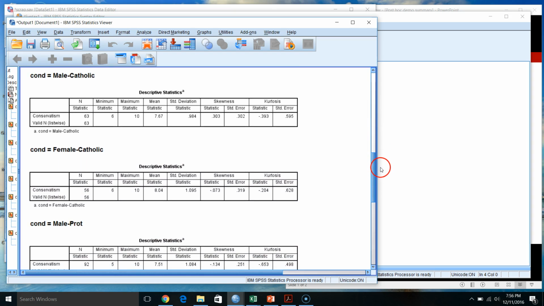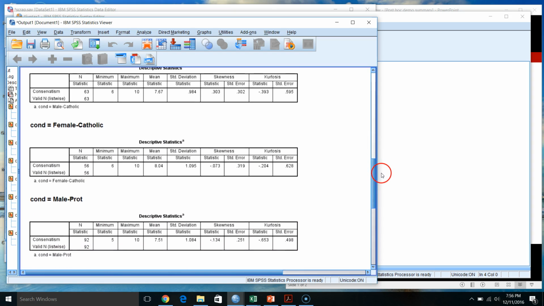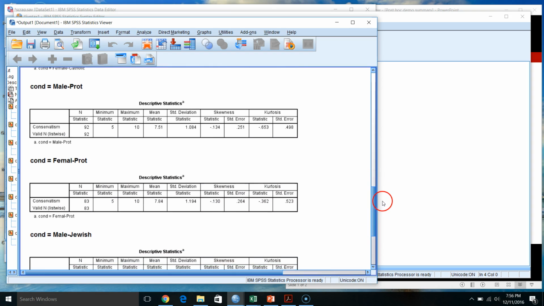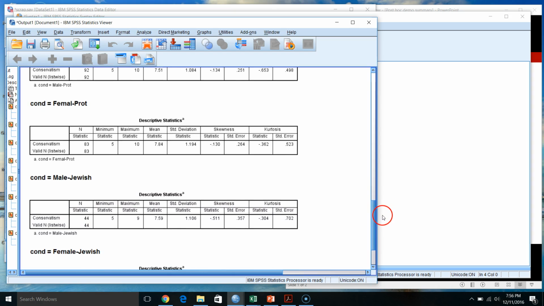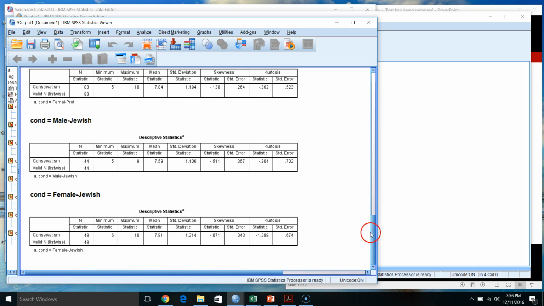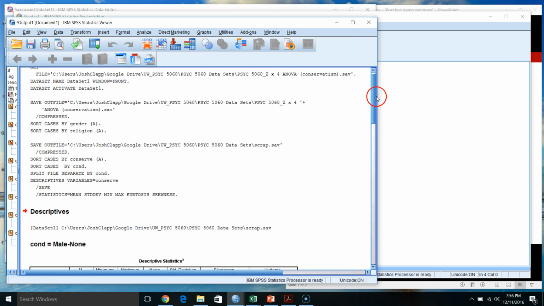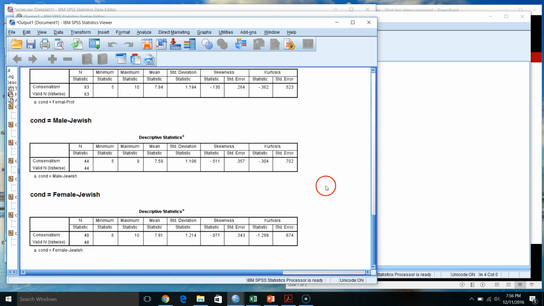Looks like our cell sizes are a little bit different, but they're all quite large. Mean standard deviations are looking all right. So nothing going on here. It looks like for our Jewish female group, those scores are a little kurtotic, but again, nothing terribly shocking based on our output here.